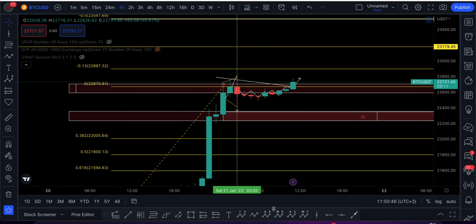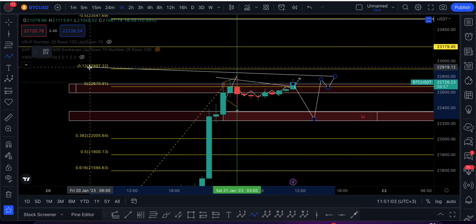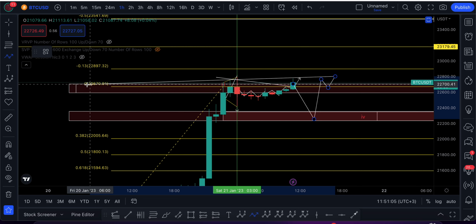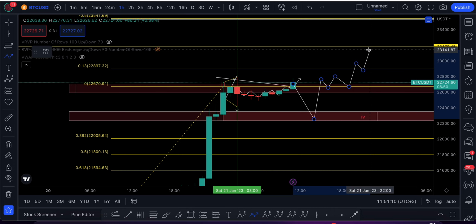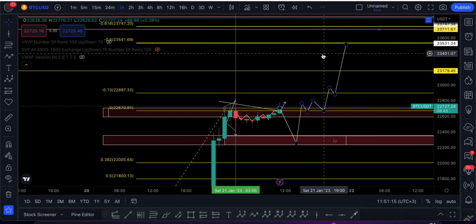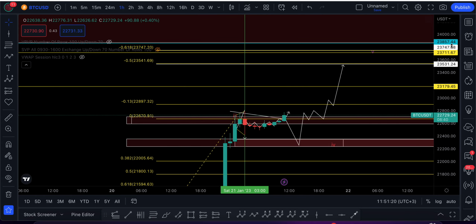So even if we lose the value area high of the day and we start dipping, I'm still expecting price to be quickly bought back up and get back to test the highs, maybe find a range between the 0 and the 0.13. And finally, if we can find support above that, I can be sure to buy and target the targets that we have, the white zones or the yellow zones or the blue zones. I can see them on my right hand side.